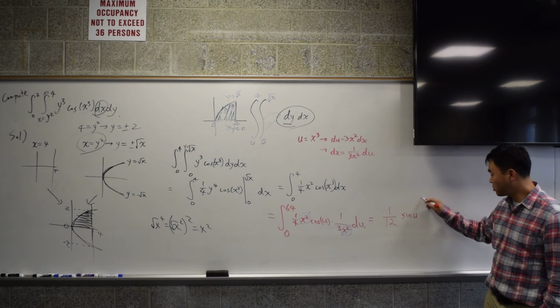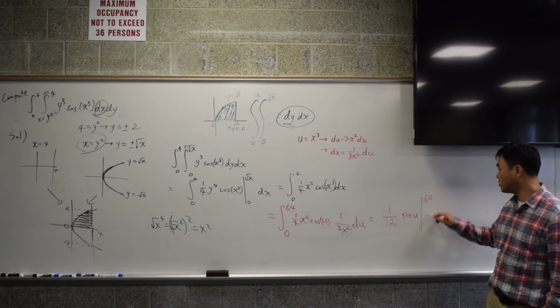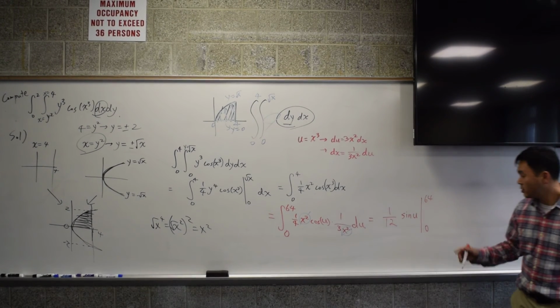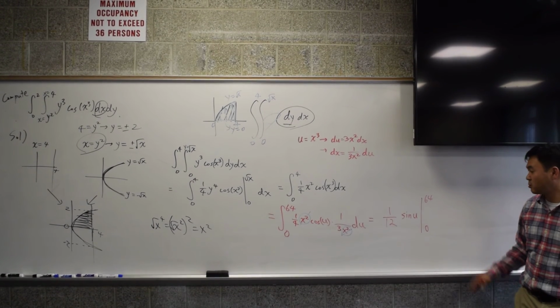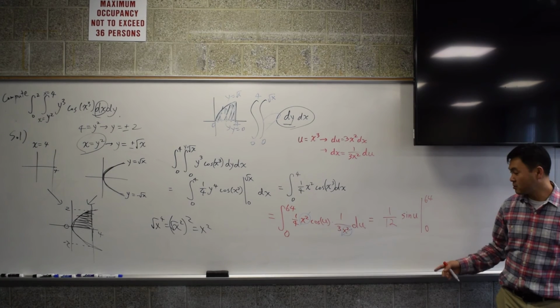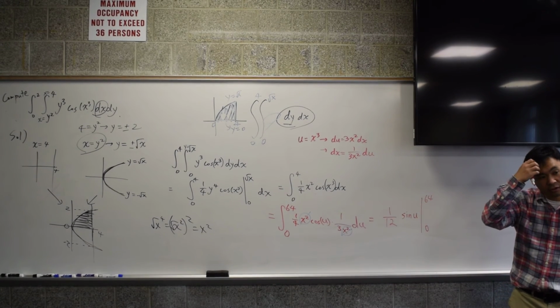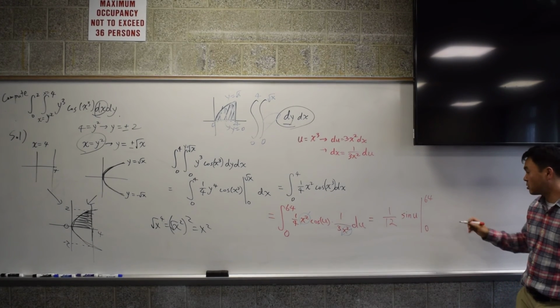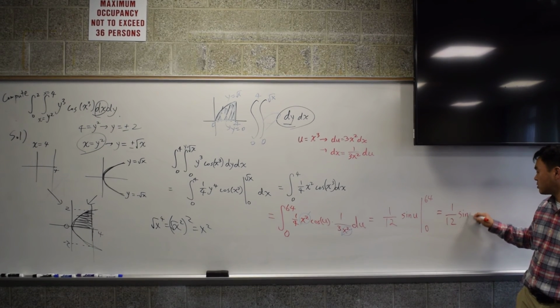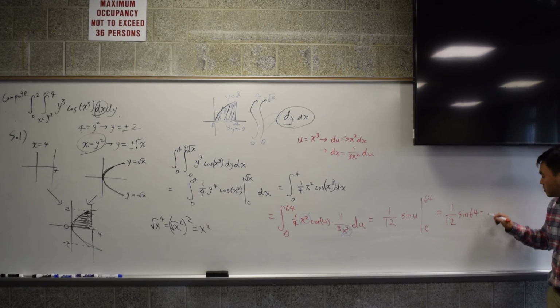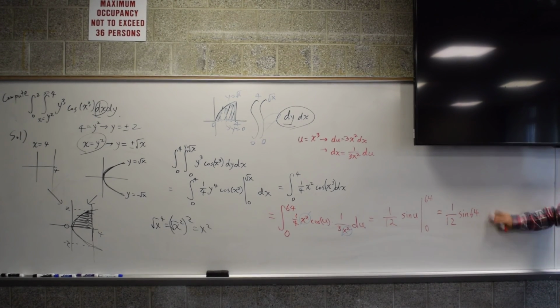Sine of u. And you plug in 64 and 0 into u. So when you plug in 64, you get sine of 64. I don't have any idea what that value is, but that's what it is. And when you plug in 0, sine of 0 is 0, right? So you end up with 1/12 sine of 64 minus 0, and that's not needed. So that's the answer.